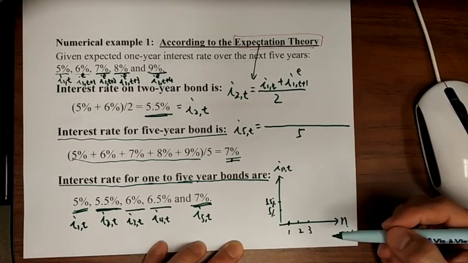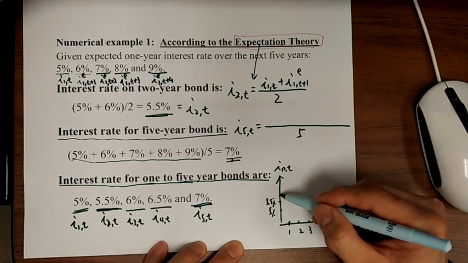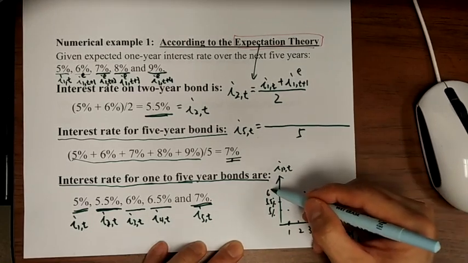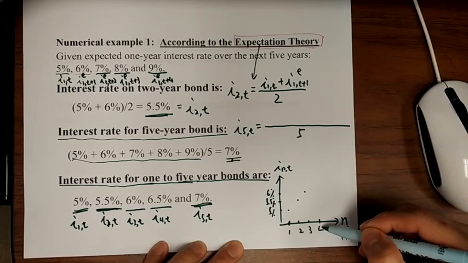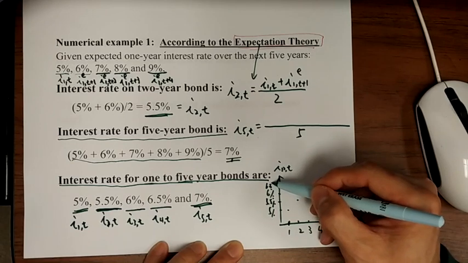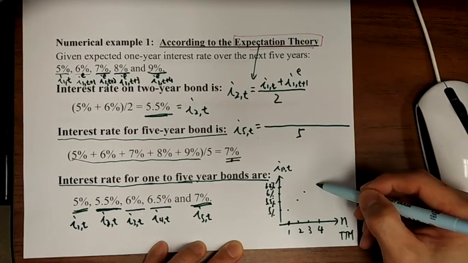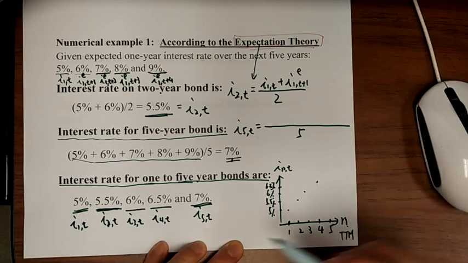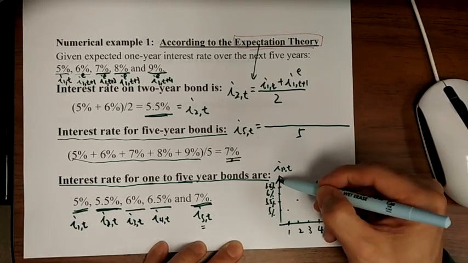When N is 3, the interest rate is 6%. When N is 4, the interest rate is 6.5%. When the term is 5, the 5-year bond interest rate is 7%.